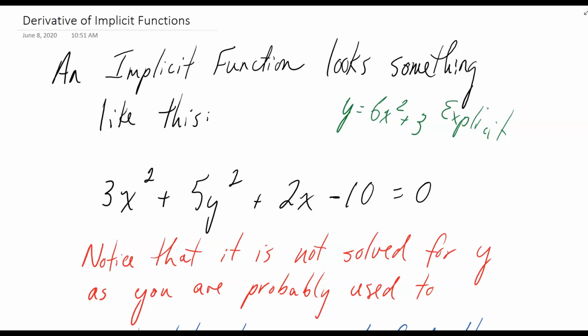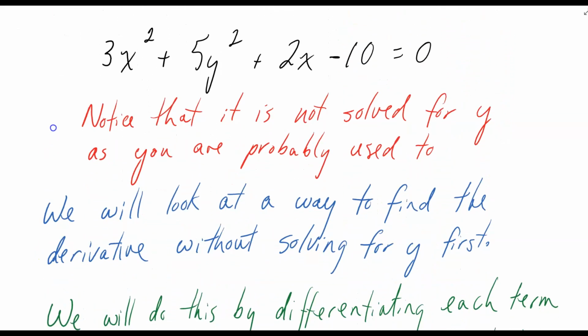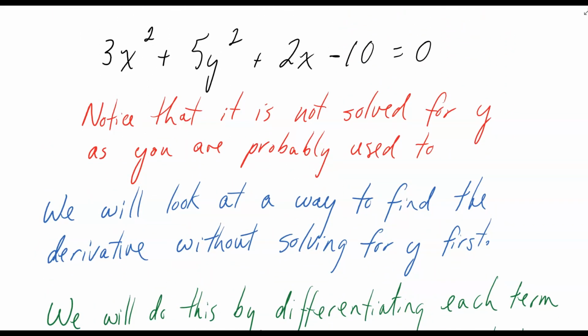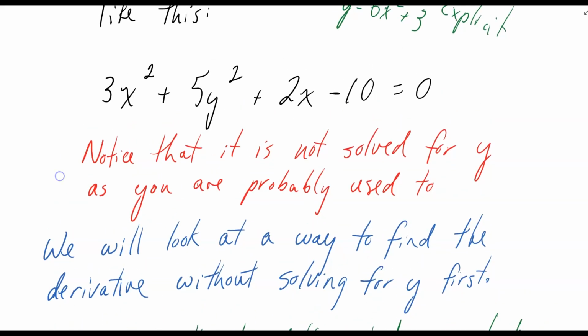Now, rather than rearranging this equation so that it is solved for y, which is sometimes very difficult to do, we need to find a way to find the derivative without solving for y first, and that is leaving it in its implicit form.